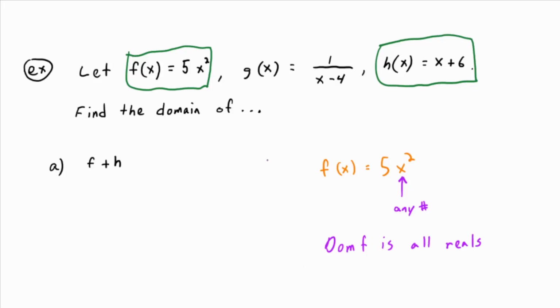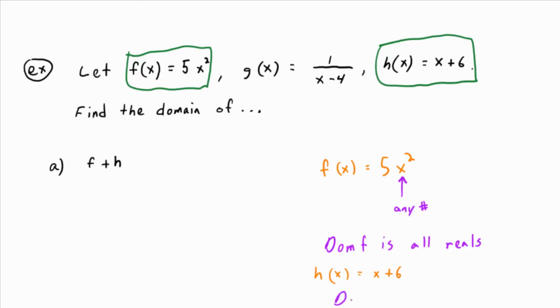What about h of x? h of x is equal to x plus 6. Is there any number you can't add 6 to? Same kind of logic. What can't you plug in? I think you can add 6 to any number you want to. So what about the domain of h?